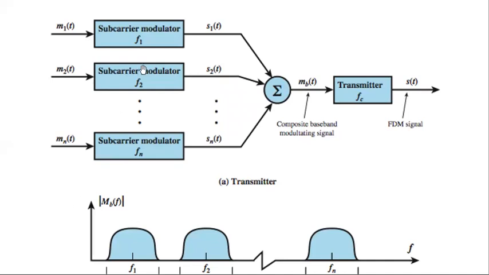We require modulation equipment to assign different frequencies, to allocate each signal to a different frequency band, and multiplexing equipment is needed. Here we are assigning different frequencies, and then we require a multiplexer to combine all these different frequencies into a modulated signal, which is then transmitted.